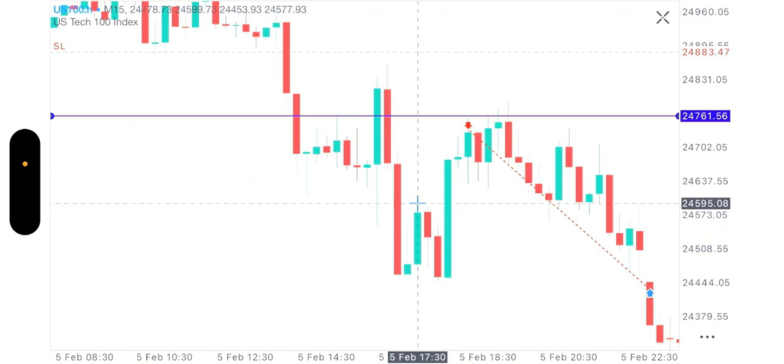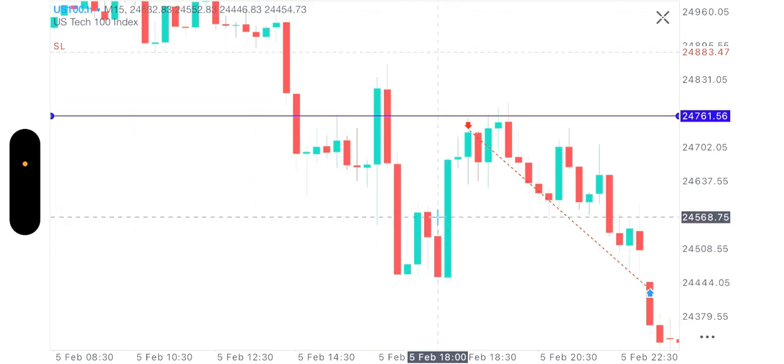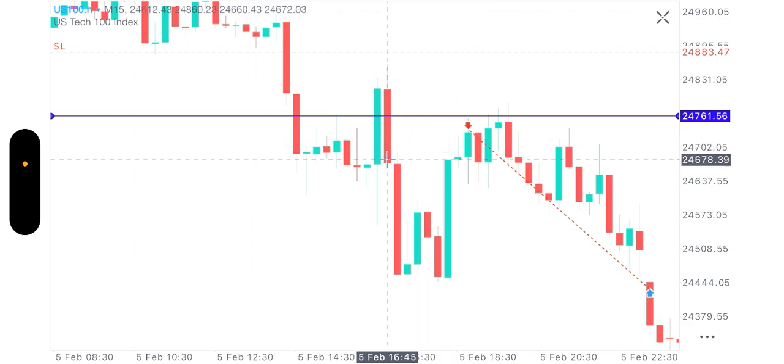So what do we anticipate? We expect price to rally higher back to the opening price of the candle that actually raided the stop. Usually you place a limit order around the opening price of this bullish candle, and then expect price to tap in from there.